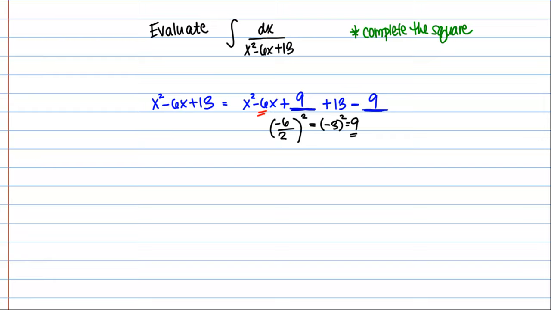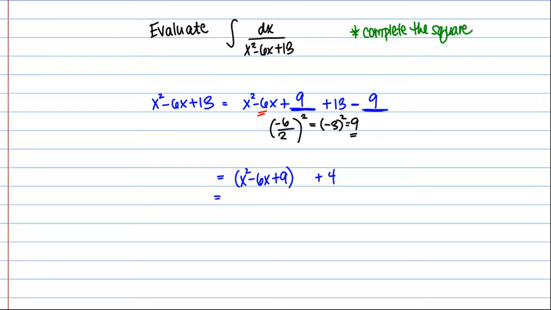Okay, so then what I have is x squared minus 6x plus 9, and I'm going to group those terms together. And then I have this plus 13 minus 9, which is just plus 4. We'll put that out to the side for now. So why is 9 so special?